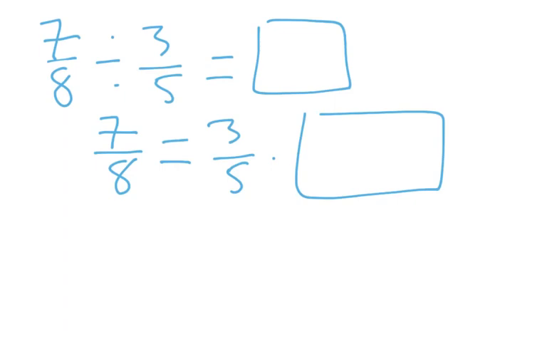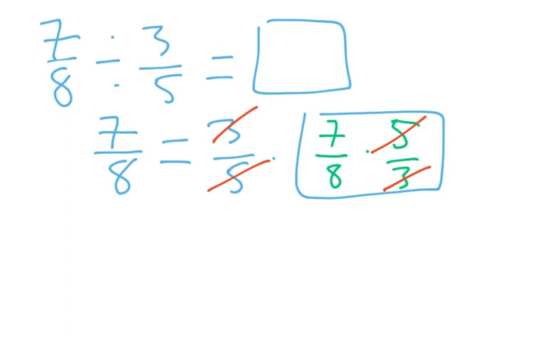Well, I'm going to kind of cheat a little bit. If I were to put in this box 7/8 times 5/3, that would actually get me a true statement, because in looking at the multiplication, I see a 3 in a numerator that would divide a 3 in a denominator, and a 5 in the denominator that would divide a 5 in the numerator.